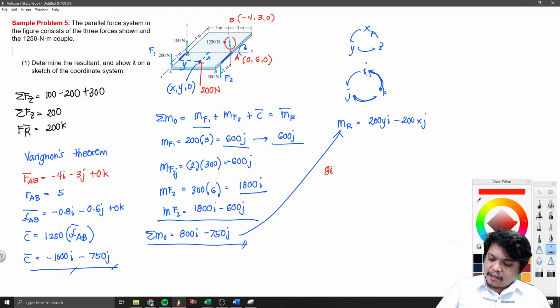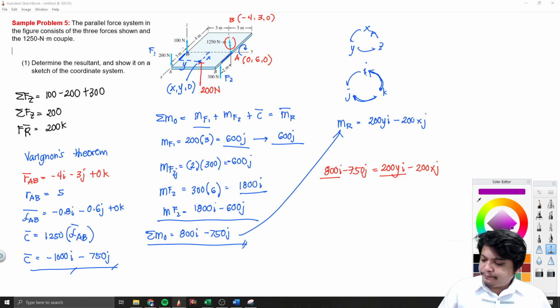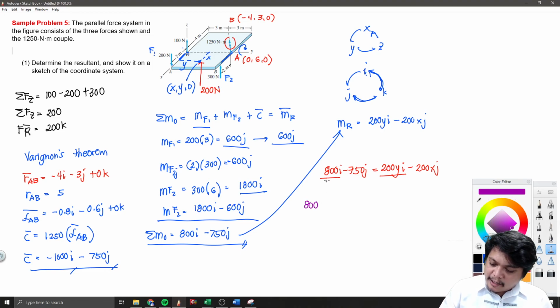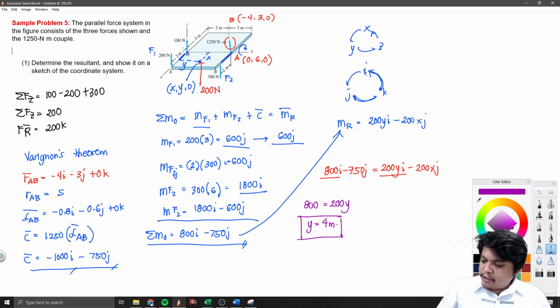So I could say that my 800i minus 750 of j should also be equal to 200y of I minus 200x of j. Okay? Pag-equate natin yung dalawa, 800, tanggalin ko na yung I, is equals to 200y. So, ang y ko is equals to 4 meters. Okay?